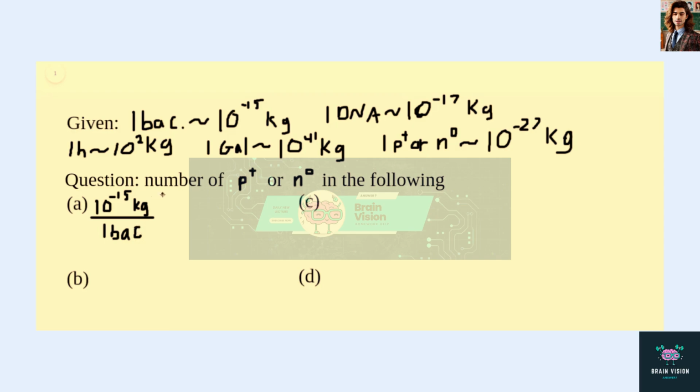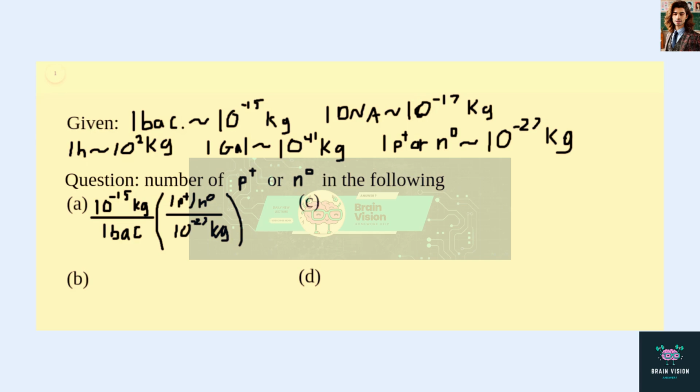So we'll take that and multiply it by the conversion: 1 P plus, or N0, is 10 to the minus 27 kilograms. You'll see that the kilograms cancel out, and all you will be left with is protons and neutrons per bacteria.